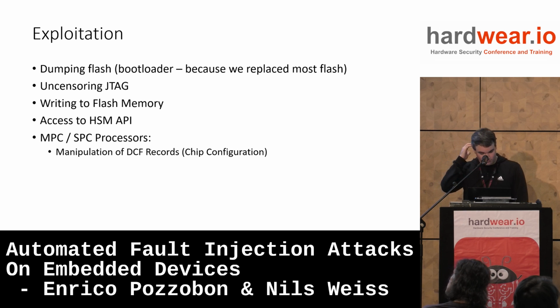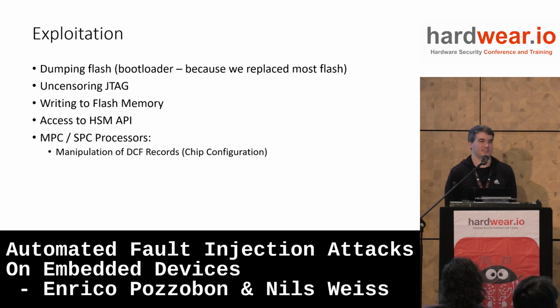You can access the HSM API, so all of the secret keys, that stuff that is stored in the HSM. You can not read them directly, but you are running code on the host processor, so you are able to send queries to the HSM, so you can use those.